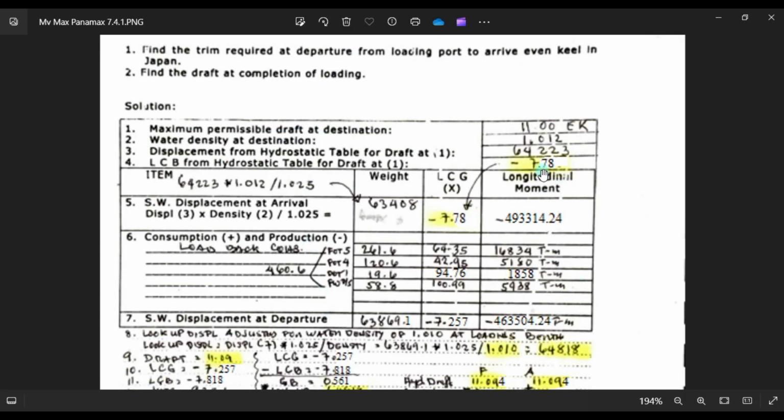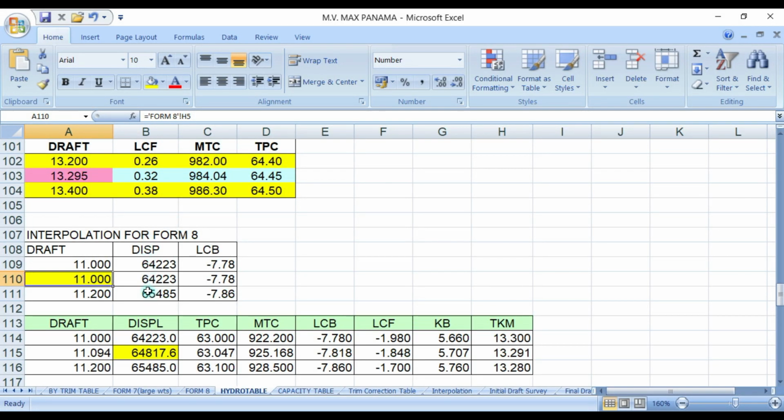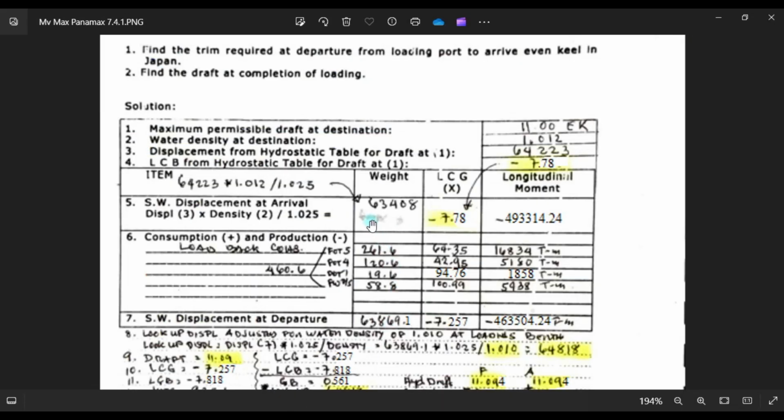So here we go. The displacement is 64223 and this LCB is negative 7.78. Okay, double check again. Here we are: 64223 and negative 7.78. Okay, next, what will be the displacement if we have a density of 1.012 instead of 1.025?